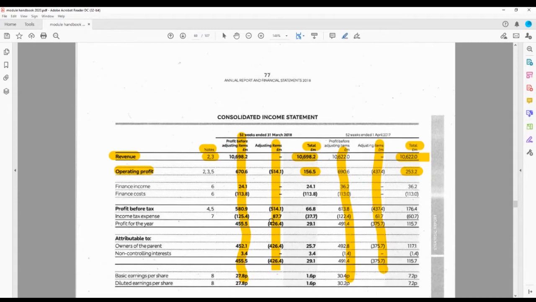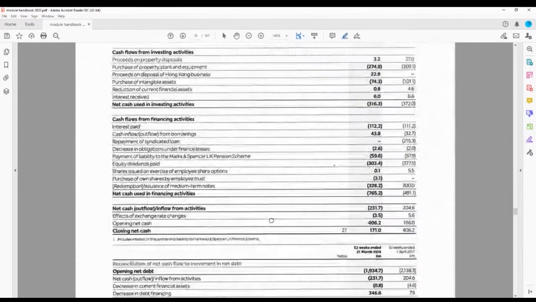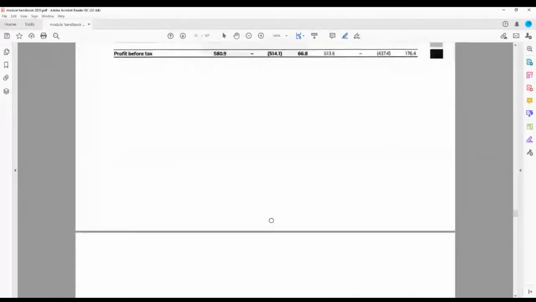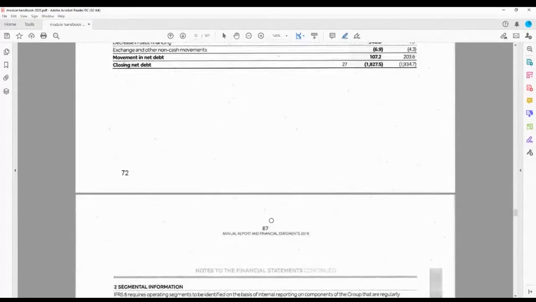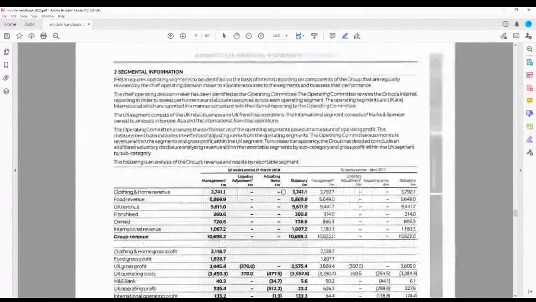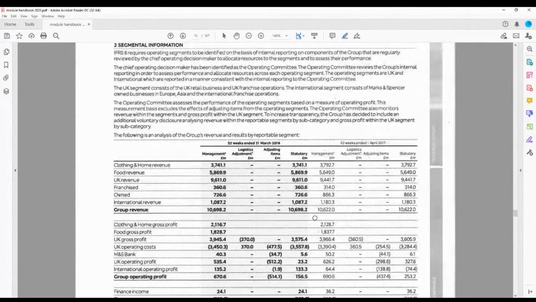So going to our notes 2 and 3, page down, note 2. This explains the revenues, how the revenues were generated, what were the different departments of Marks and Spencer, and so on.